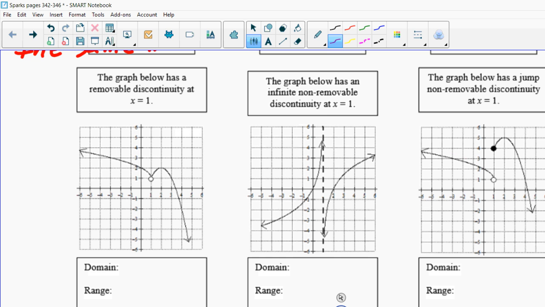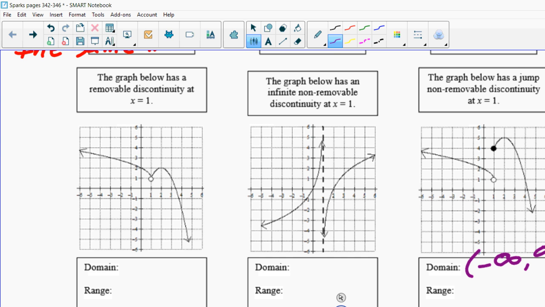What's the domain? Really? What about x equals 1? Oh, but it's defined here. Good. So all real numbers. Now, did you notice on the point discontinuity, that x value was left out?